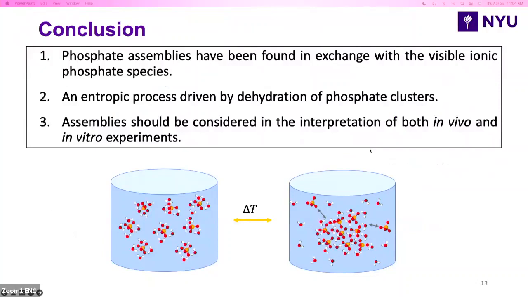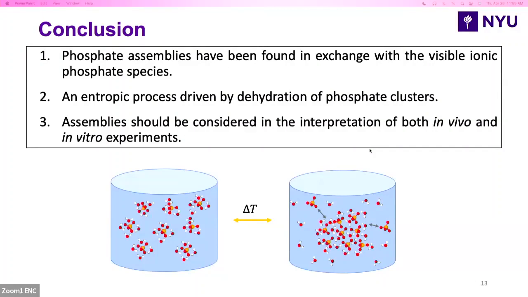In conclusion, in this study, we found an invisible pool of phosphate clusters in aqueous solution, and these phosphate clusters with fast relaxation rates in the dark state are in exchange with the ionic phosphates. In addition, we have presented strong evidence that this phosphate clustering is an entropic process driven by dehydration of phosphate clusters.